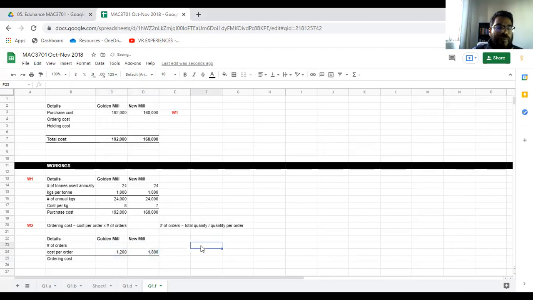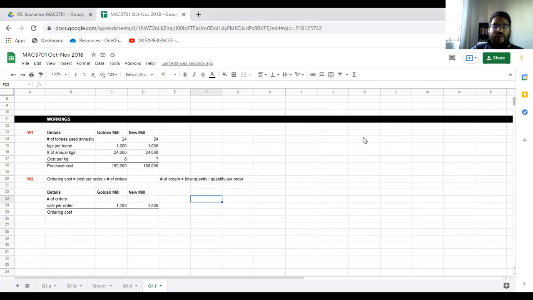Now I must get the number of orders. So you can see for golden mill, we must use the EOQ. They told us that EOQ is 3,000 kilograms. So generally, your number of orders is total quantity divided by EOQ. So just take note.